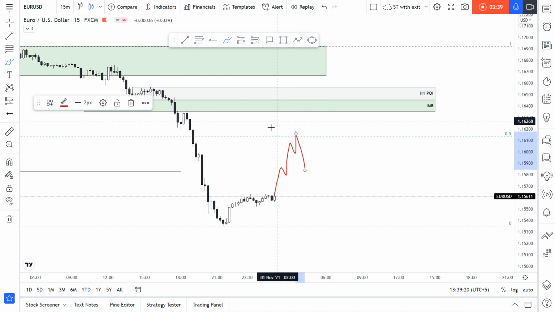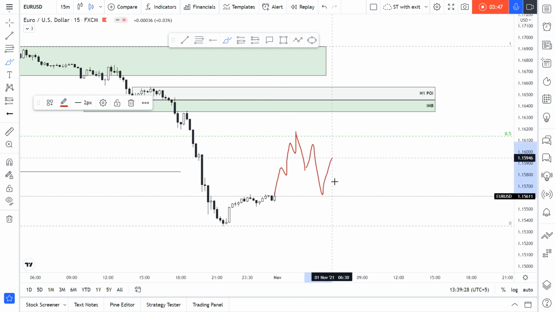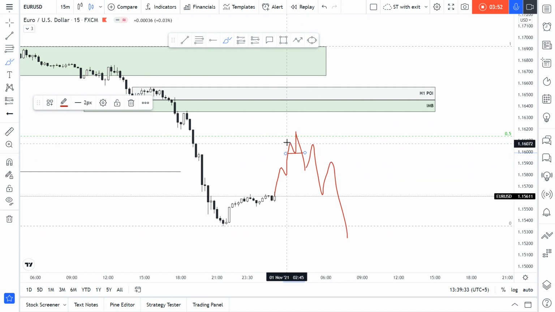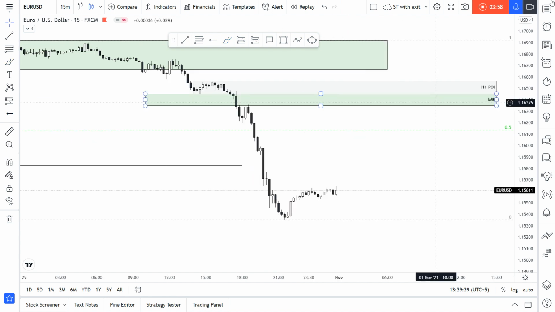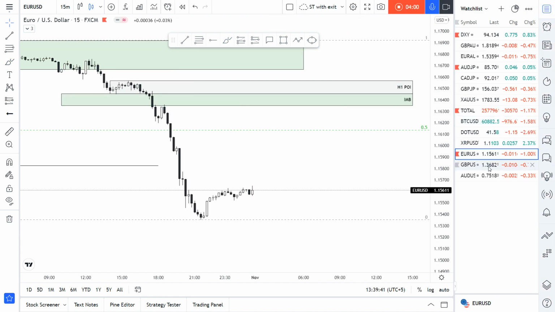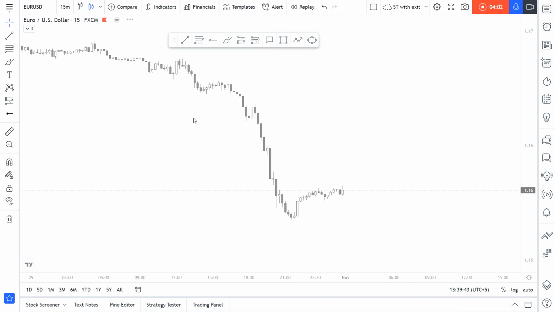Look for a sell straight from the 50%, or from the rejections from 50 or above it. So look for such scenarios, the break of the structure, a shift in the market sentiment, and so on. So look for those two scenarios. This was EURUSD.